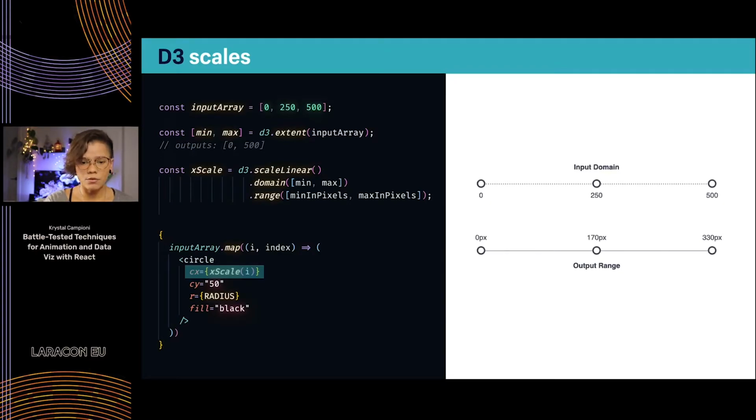So the first time that map runs, it's going to call the xScale function by passing it 0, because that's the value that we have in our inputs array. And we are going to retrieve back 0 pixels. The next time that it runs, we are going to pass in 250 and retrieve 170 pixels. And the last time that it runs, we are going to pass in 500 and get back 330 pixels. So this is super powerful for you to map some data with the available screen space that you have.